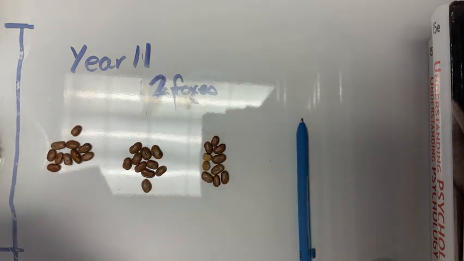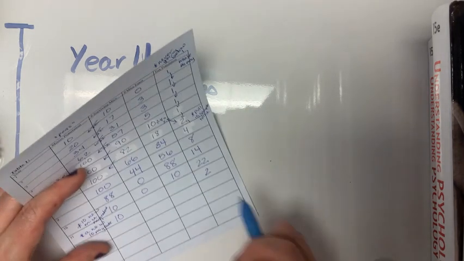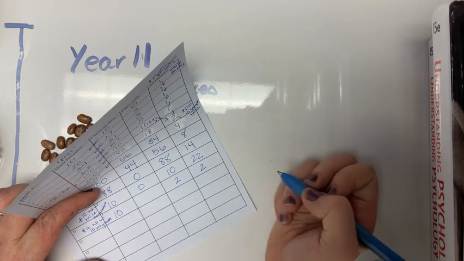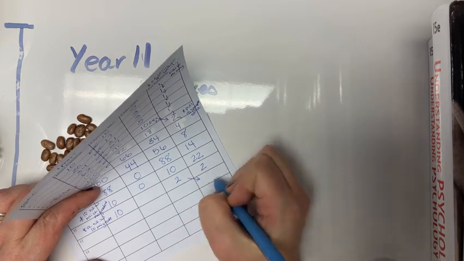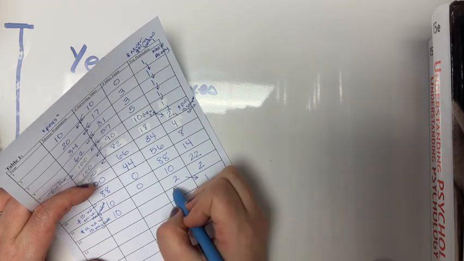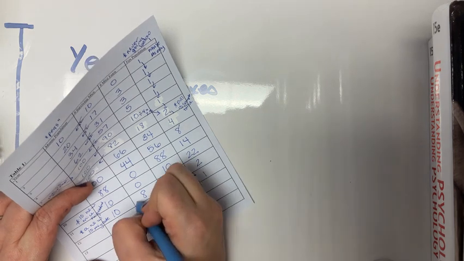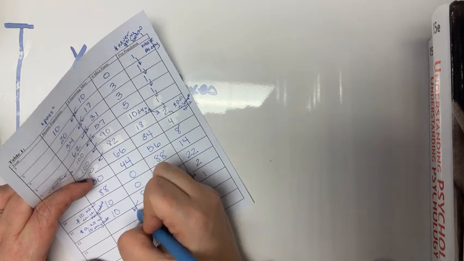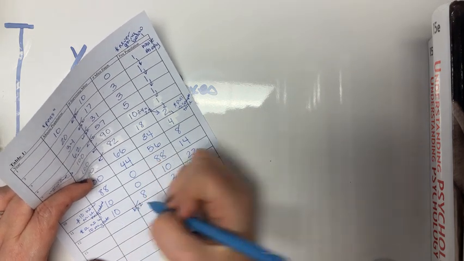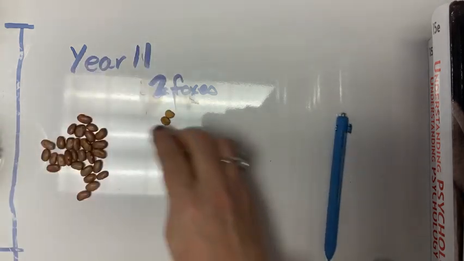Okay, so I only have 2 mice that died, which means I'm only going to have 1 fox, but I now have 8 mice that lived. Okay, so my mice population is starting to grow again, so I can multiply that times 2, and now I'm going to get 16.